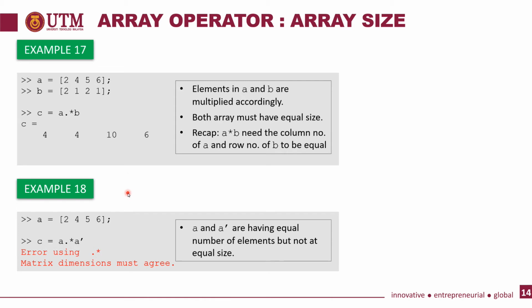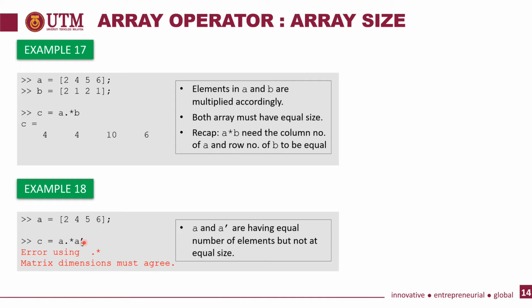But with the array operator, you cannot multiply matrices of different size. A and A transpose have an equal number of elements but not an equal size. So it is like the inverse of the matrix operator.